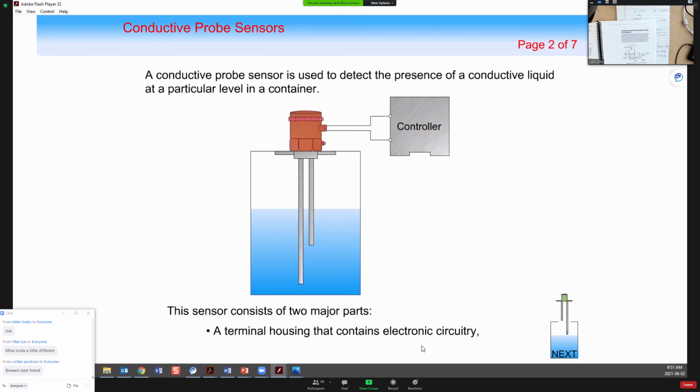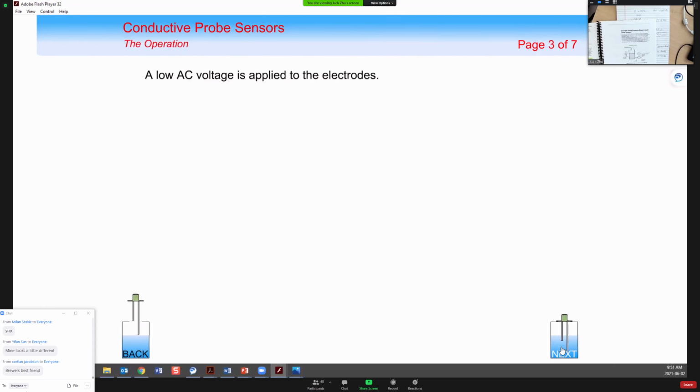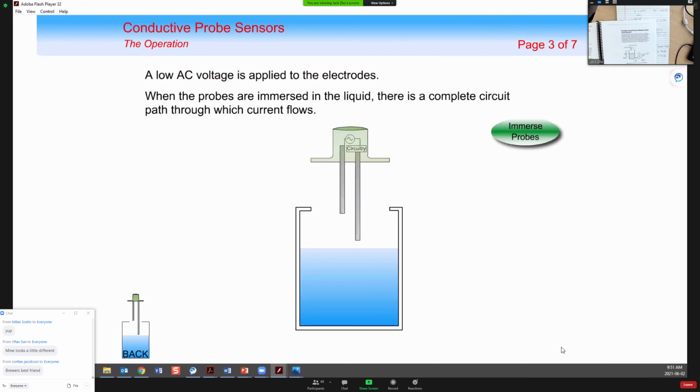That's the house, and that's the controller. You have two electrical rods called probes. They are put into the house at different levels. You supply AC voltage down there. When those are immersed in the liquid, there's a complete circuit because this is a conductive liquid.